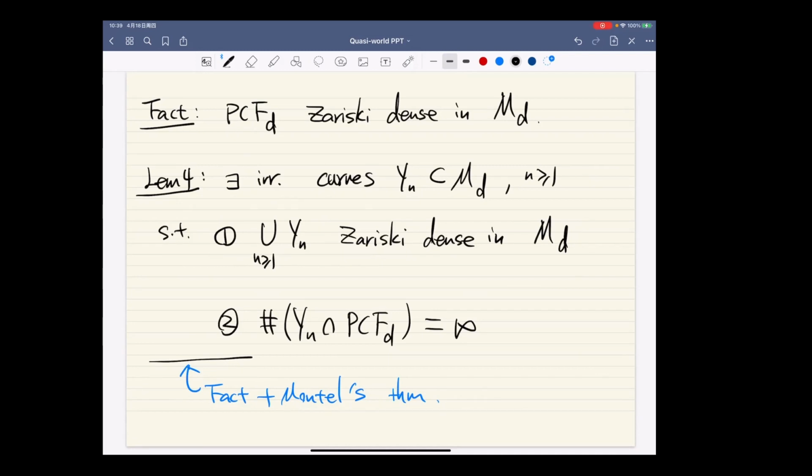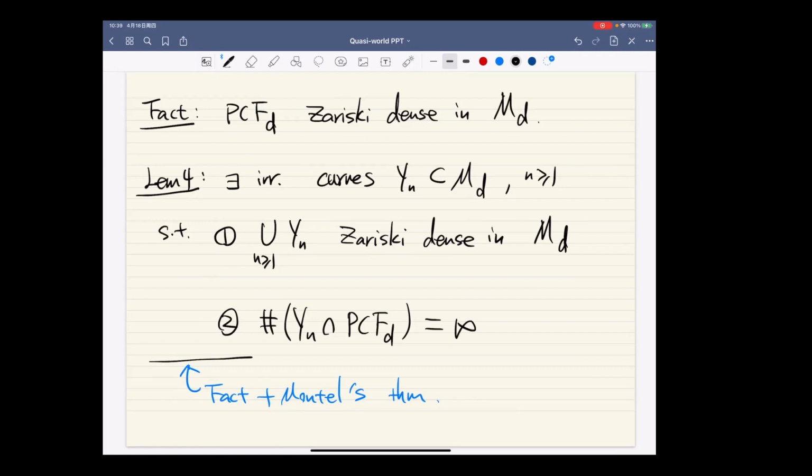I think the point is that the dimension of the moduli space is 2D minus 2, and for a rational map, you have exactly 2D minus 2 critical points. So you can first fix 2D minus 3 critical points to be, for example, periodic of some type, and have only one free critical point.